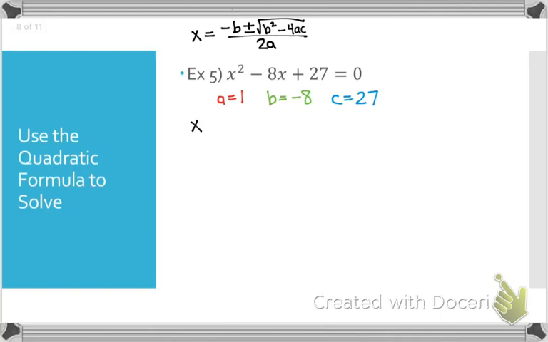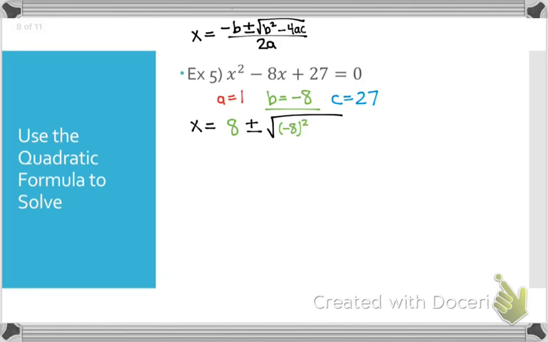So we have x is equal to, look at the b value, and we're going to take the opposite of b. The opposite of negative 8 is a positive 8. Plus or minus the square root of b squared. So b is negative 8, I'm going to put it in parentheses, and we're going to square that.